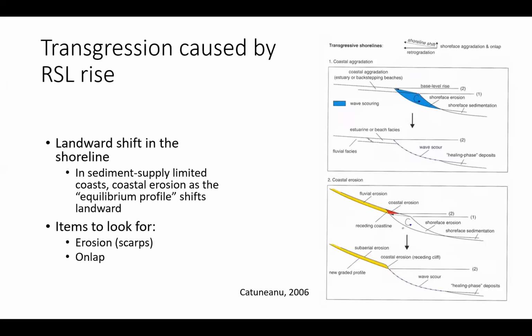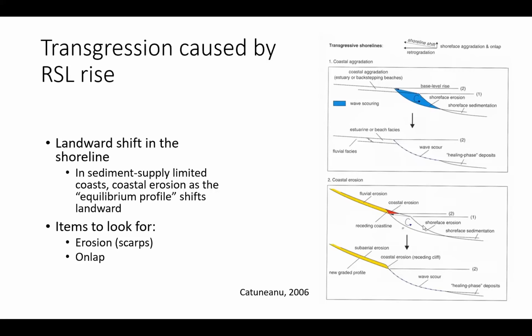And it reaches this equilibrium profile shown, I guess, this is for sea level fall. For sea level rise, you can imagine here's that equilibrium profile. As sea level rises, you shift that inland, and that will basically erode the material in between the two equilibrium profiles.